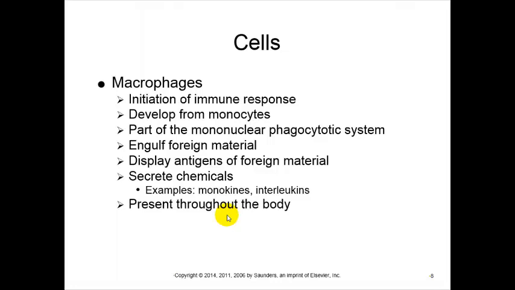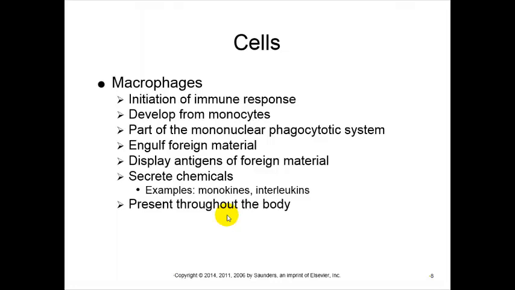They develop from monocytes, which are a type of white blood cell, and they're part of the mononuclear phagocytic system. That just means they have one large nucleus and they go around phagocytosing worn out parts or even foreign material.